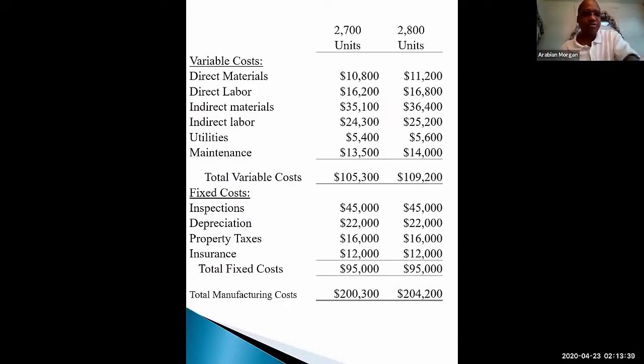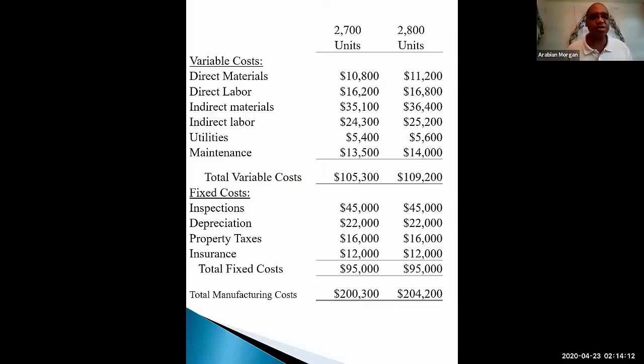Okay, I see that some of you are finishing up the writing of this, so I'll just talk a little bit about it. So again, a flexible budget is a combination of several static budgets, just at different activity levels. So in this flexible budget, we see 2,500 units of activity, 2,600, 2,700, 2,800.